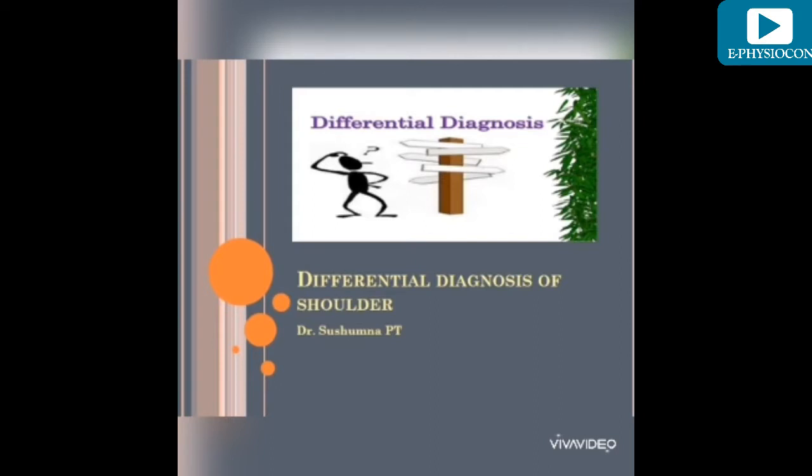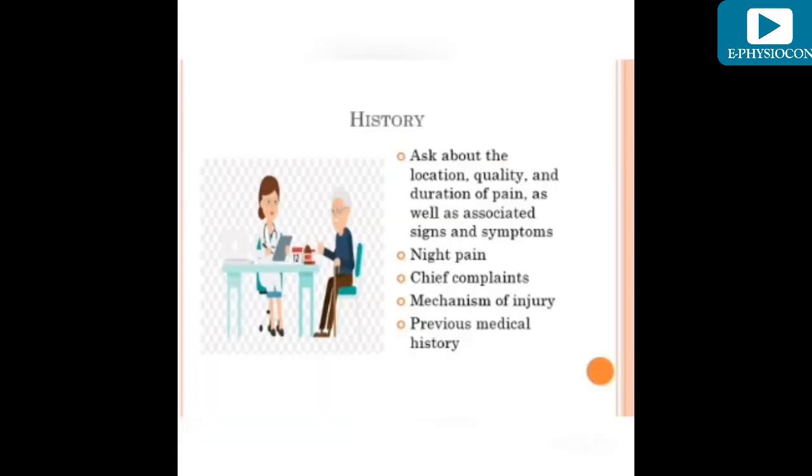So, differential diagnosis of shoulder. Coming to history: in exploring a patient's history, ask about location, quality of pain, duration of pain, as well as associated signs and symptoms. Ask about mechanical symptoms like locking, catching, and instability.